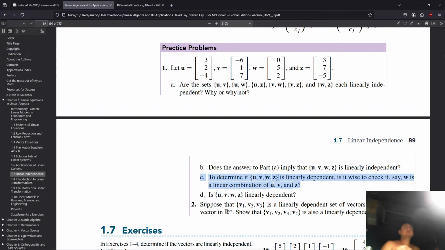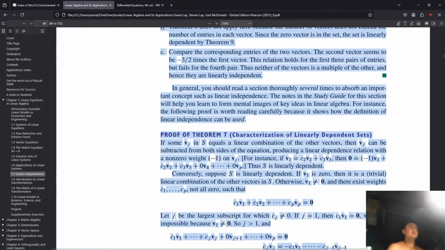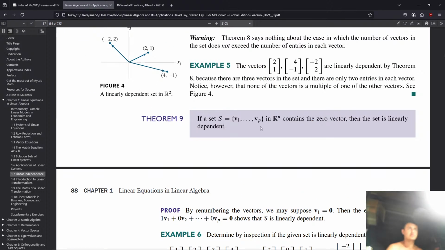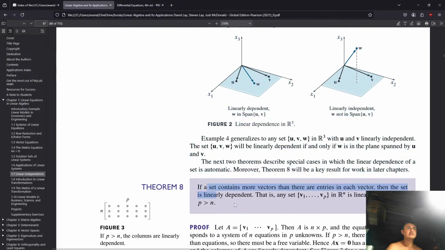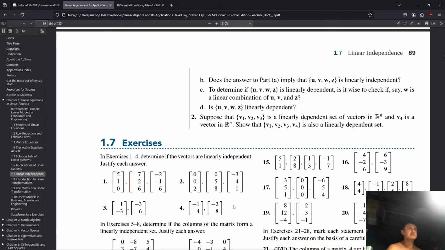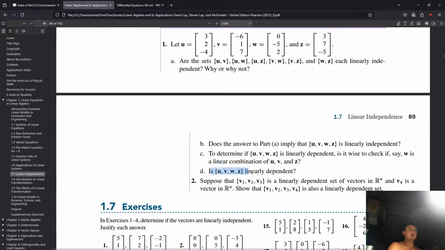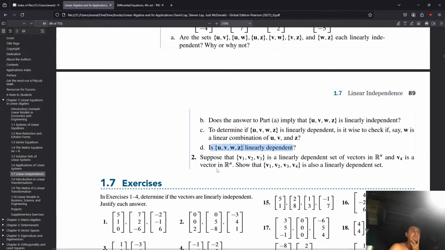But also we clearly know, just from our stronger theorem, that if a set contains more vectors than there are entries, then it's got to be dependent. So yes, it is. I don't even have to do any math to say that. Suppose this is dependent, it's hard to tell. It is also dependent. So, let me think about that.